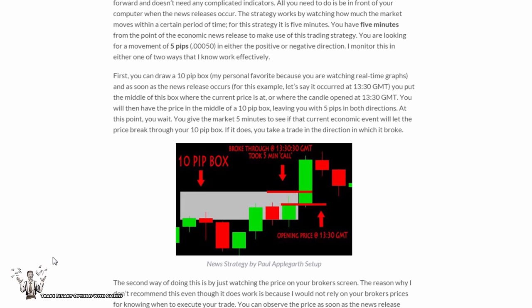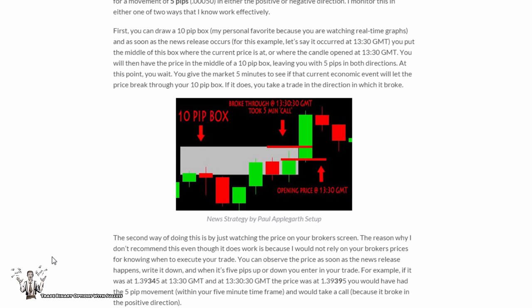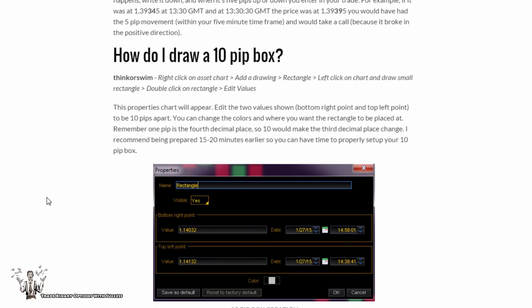Now it sounds kind of funny, but the 10-pip box really works well. What I use it for is analyzing the market, setting up my box right next to the current price to see where the market is going to be moving. Now in this guide, I fully explain how to draw your 10-pip box in Thinkorswim if you're using that charting software. Other softwares I'm not too familiar with, but I'm sure you can do it.